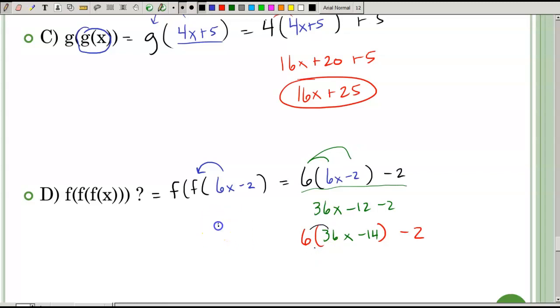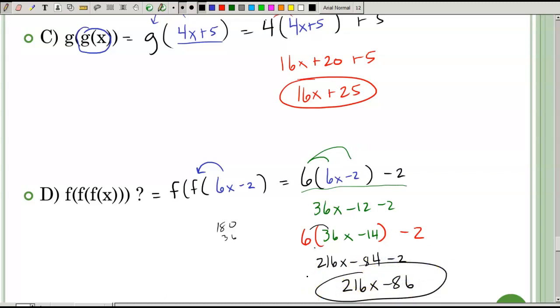That would be, what, 180 and 36, so 216. So 216x minus 6 times 14, which would be 60 and 24, so 84. And then minus 2. And I could reduce that to 216x minus 86. So if you got 216x minus 86, then you got the right answer.